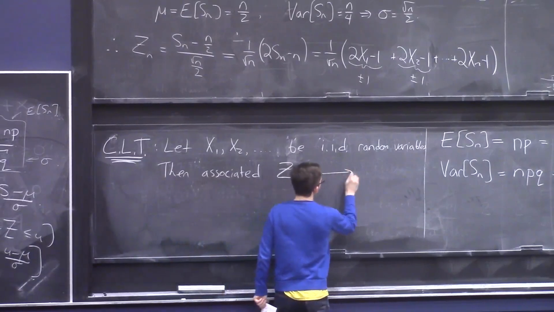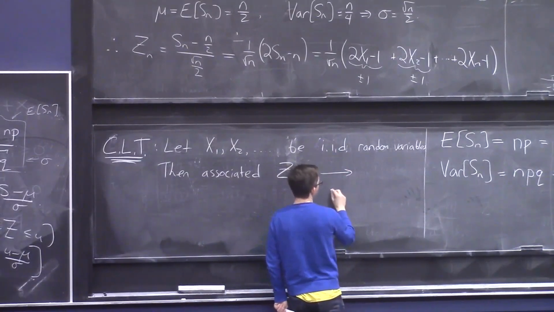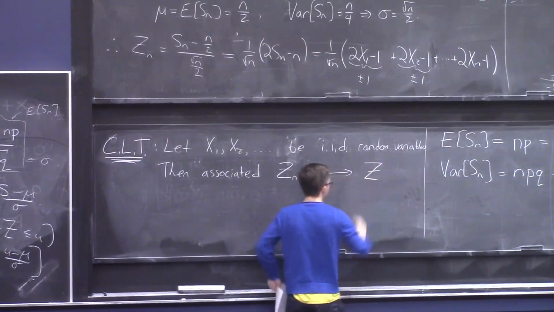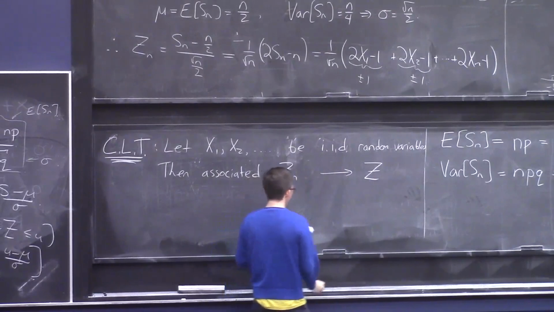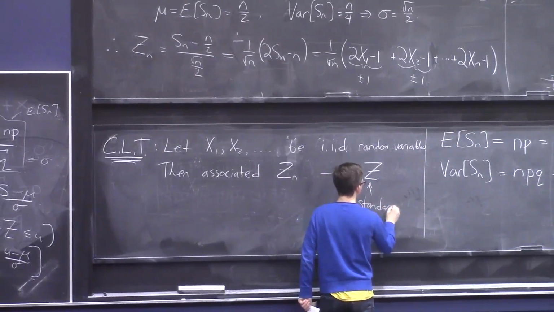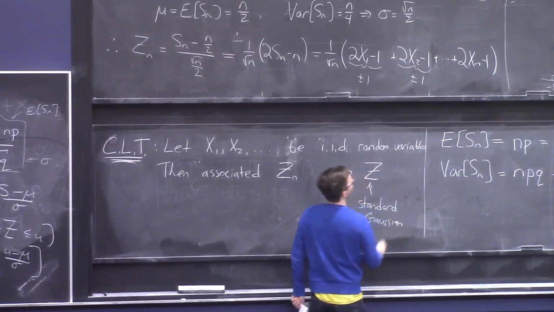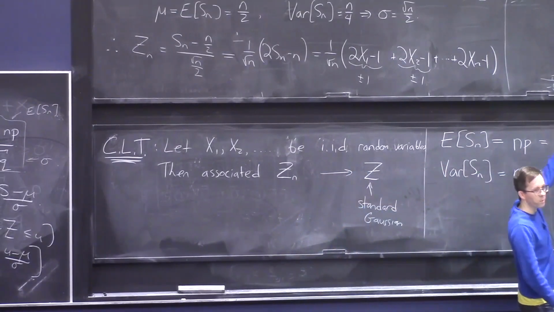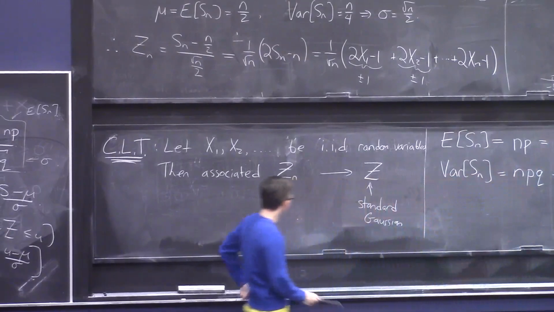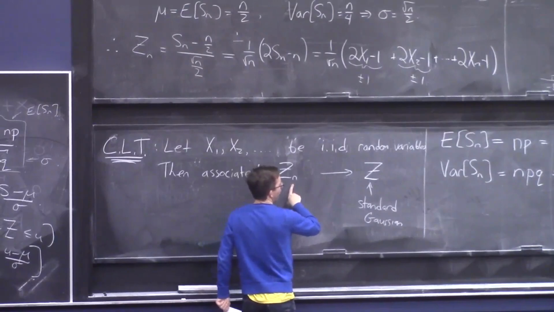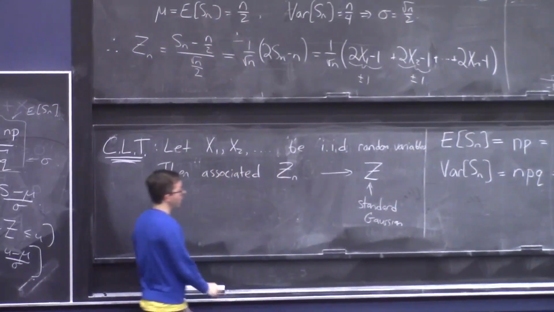Its distribution approaches, in the limit as n goes to infinity, that of Z, which is a standard Gaussian random variable. And I'll remind you what that is later, but it's the most enjoyable continuous random variable, the random variable whose PDF is that bell curve. And in what sense do these discrete random variables approach this continuous random variable?